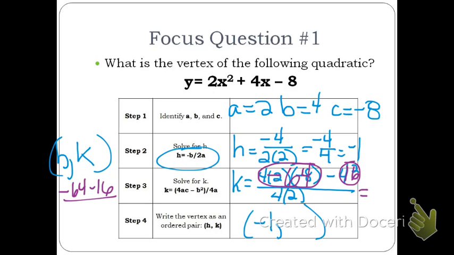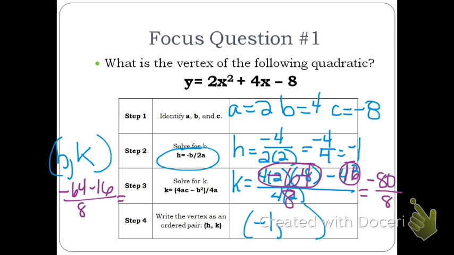On our denominator, 4 times 2 is equal to 8. And now we take care of our addition and subtraction. So negative 64 minus 16, those are the same signs so you have to add, but the sign is still negative. So 64 and 16 is 80, all over 8.